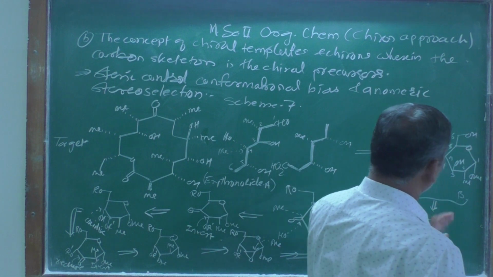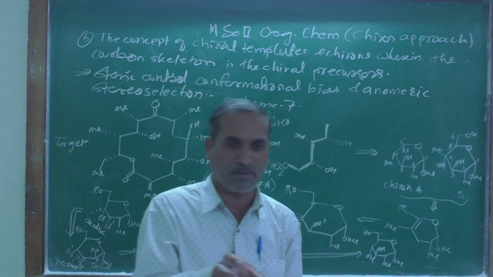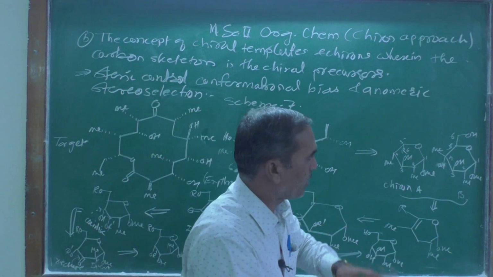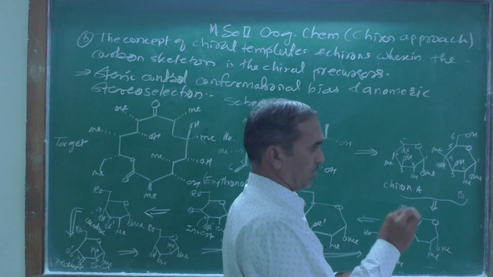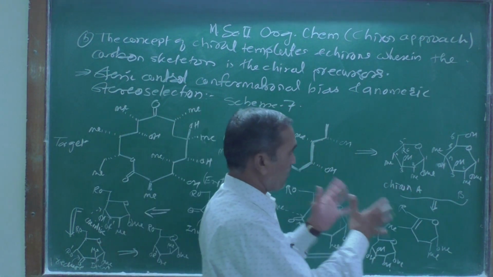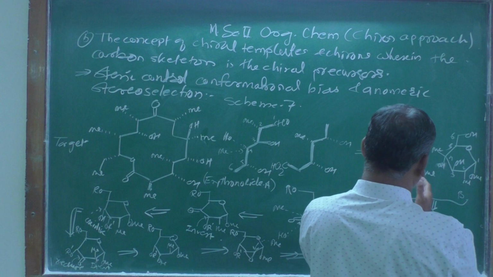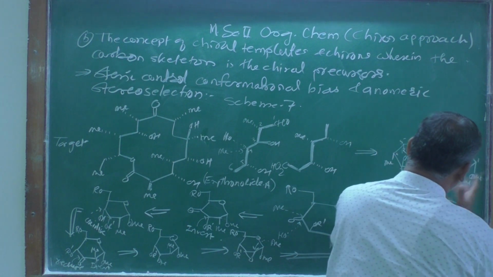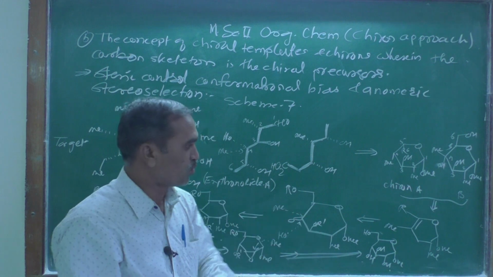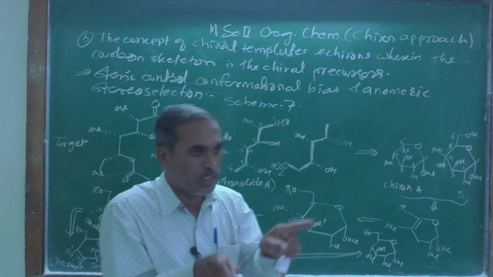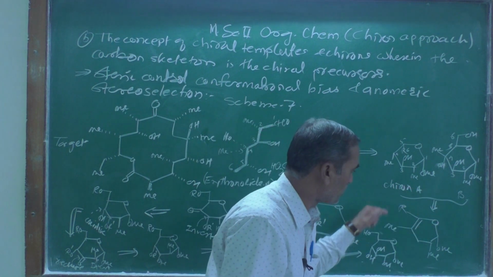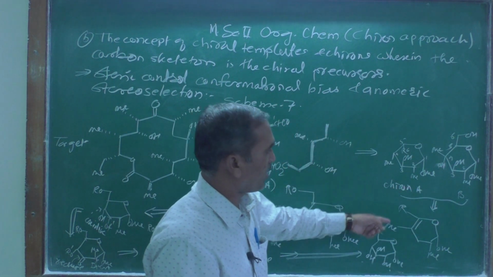Here at the 6th position there is a hydroxy group substituent. It is just like the carbohydrate type of apparent symmetry you can clearly see here. This is chiron A, this is chiron B. By combining these two chirons, we will get one apparent precursor.